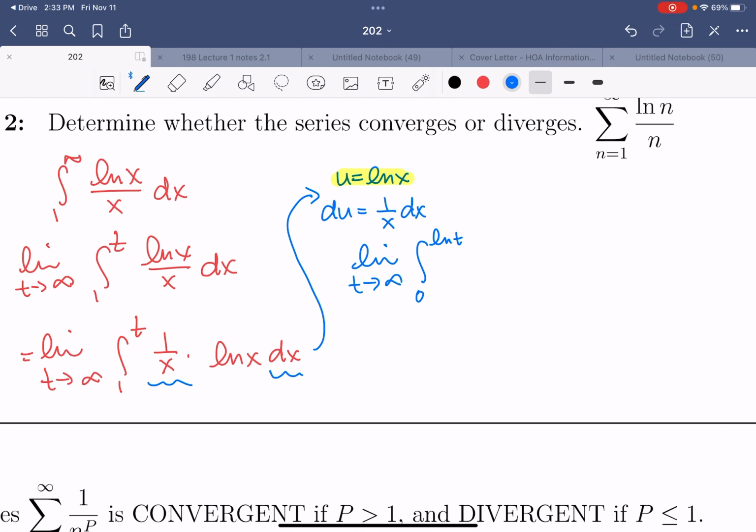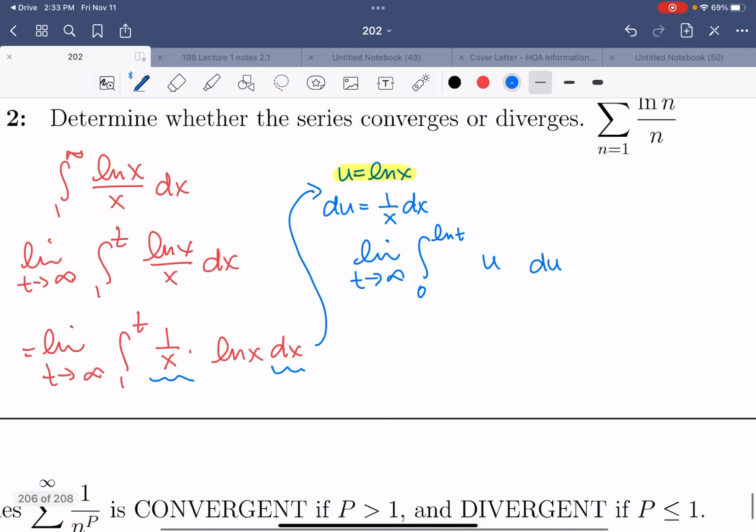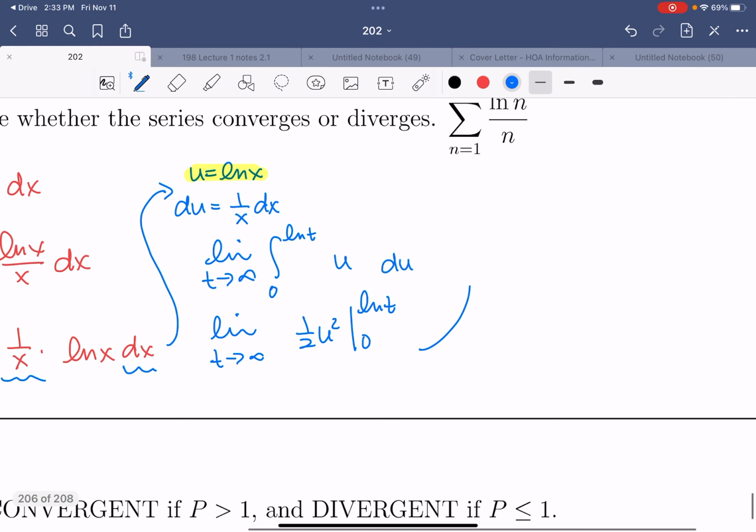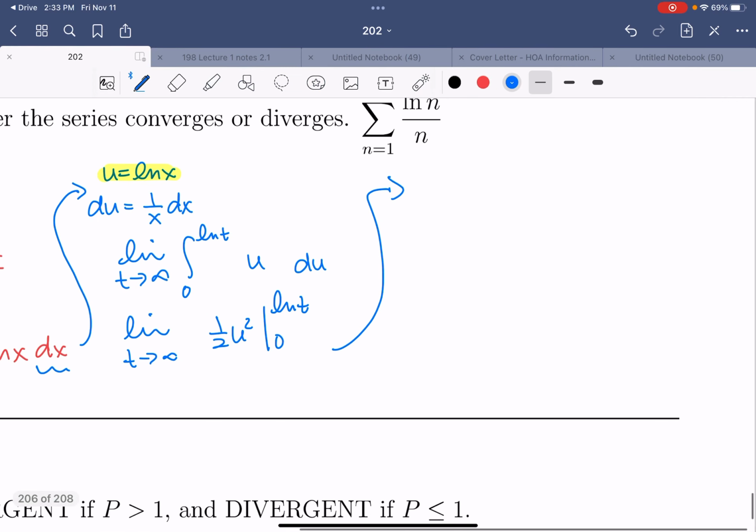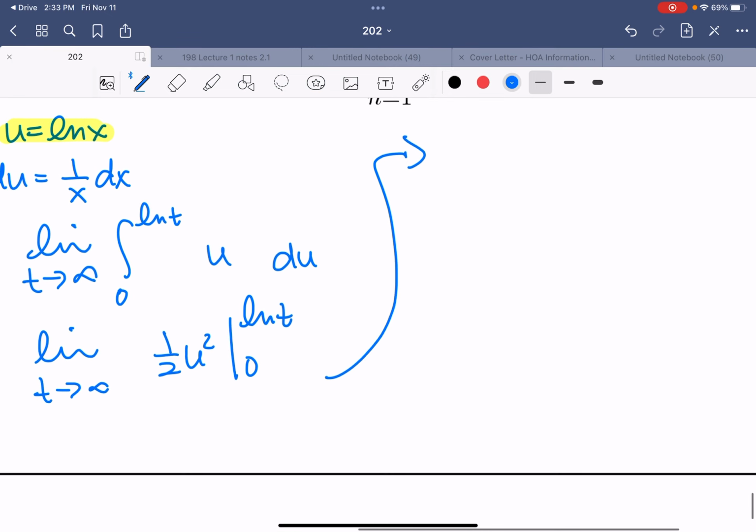Okay, so we make that boundary switch. The 1 over x dx is my du. And natural log of x is my u. So this is going to be the limit as t goes to infinity of 1/2 u squared from 0 to the natural log of t. Let's see what happens next.